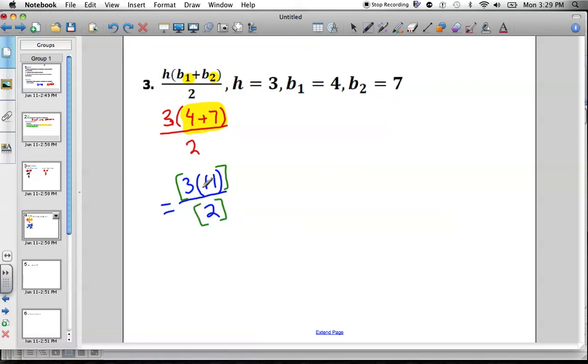So what that means is we're going to simplify the numerator and the denominator separately, and then at the end divide. So we're going to do this in order. So 3 times 11, that's 33, all over 2. And 33 divided by 2 is 16.5. And there's your answer.